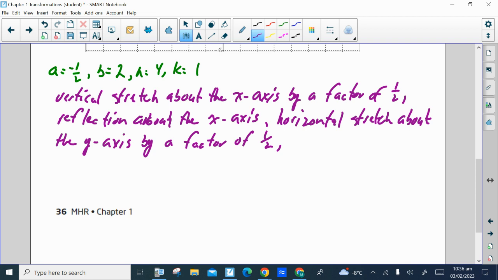And then the graph is going to shift or translate 4 units right and 1 unit up. And there's all the transformations that we're going to do.